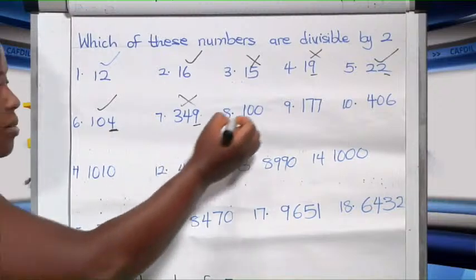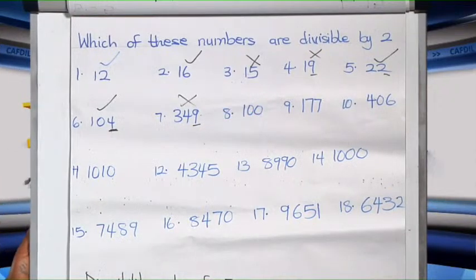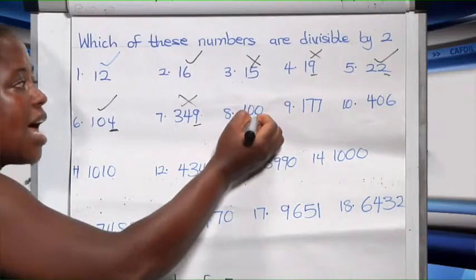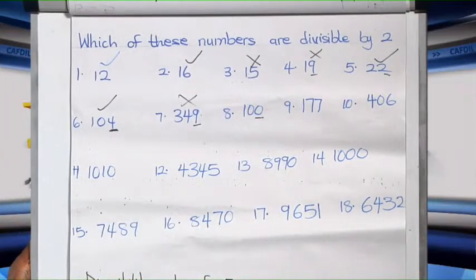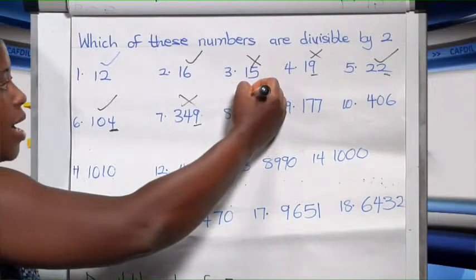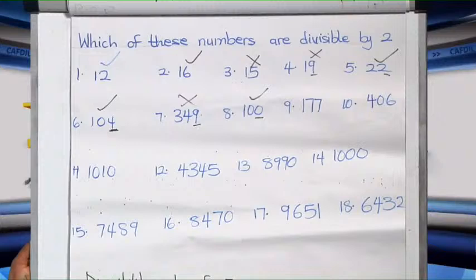Alright, 100. Is 100 an even number? Look at the last digit. It's 0. 0 is an even number. So 100 is divisible by 2. You can divide 100 by 2 and it will be 50.